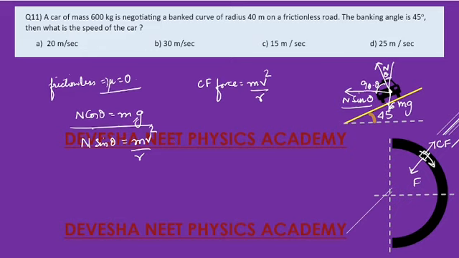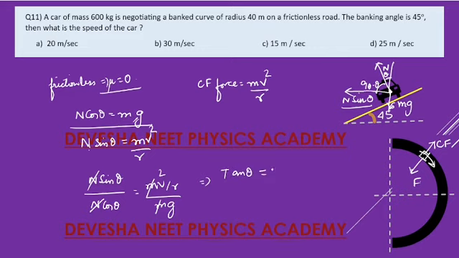So if we divide this equation by the other equation, it becomes n sine theta by n cos theta is equal to mv square by r upon mg. The m gets cancelled, so tan theta equals v square by rg.